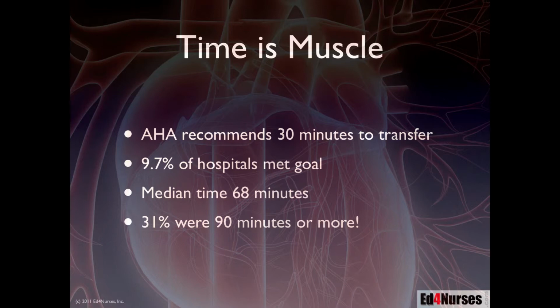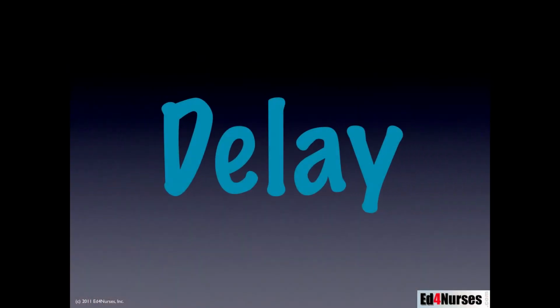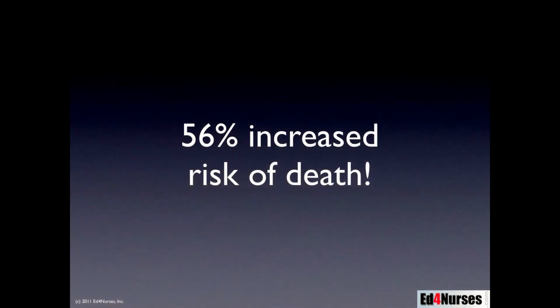The median time of transfer was 68 minutes, and about 31% of our patients were transferred 90 minutes or later after they presented to this rural or outlying hospital that did not have PCI available. This delay translates into a 51% increased risk of death in your patient. So we don't want to have that delay occur.